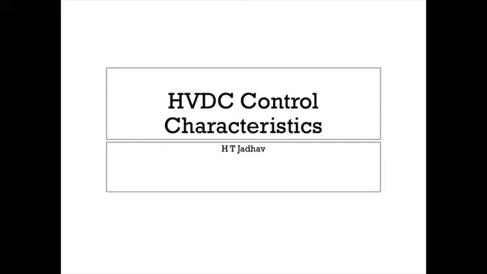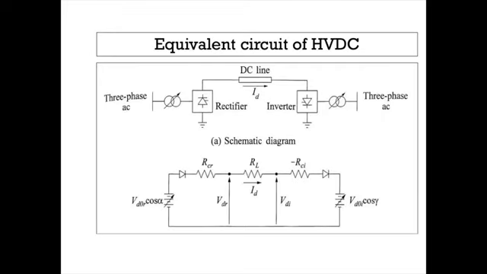In this lecture, we will discuss the control characteristic of the HVDC system. The two-terminal HVDC link consisting of rectifier and inverter can be represented in terms of an equivalent circuit.